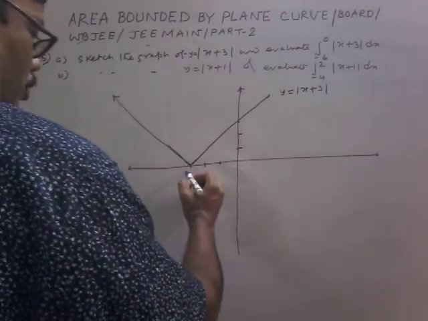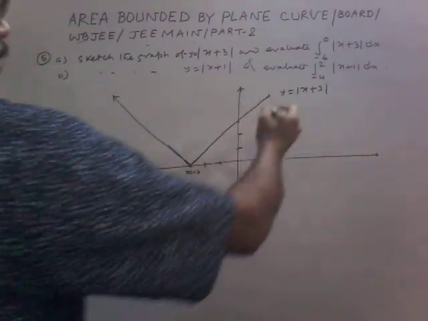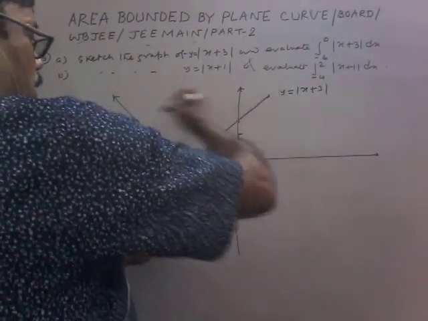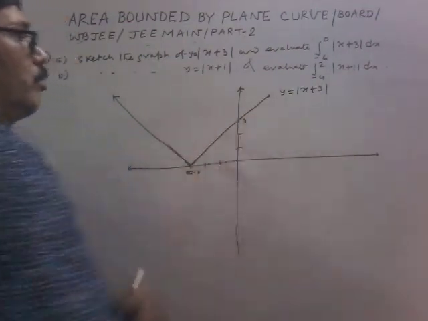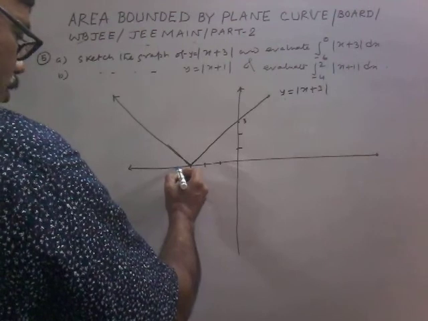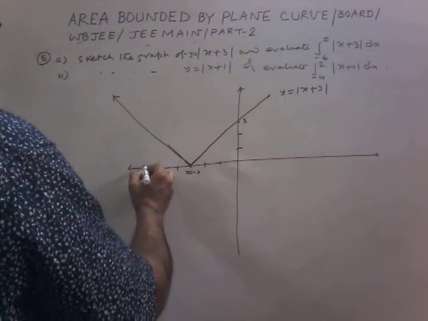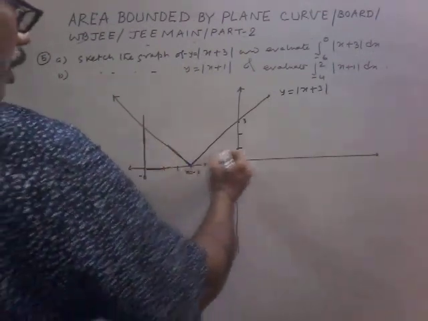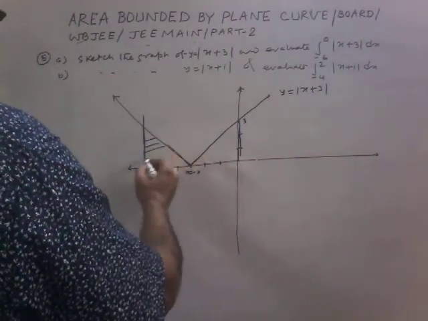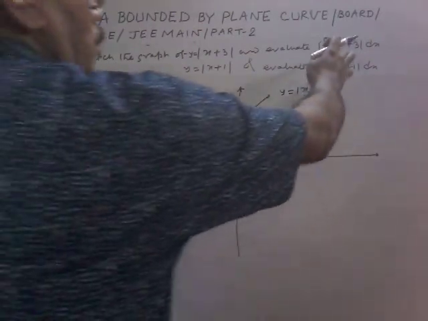At x equals minus 3. So this is the graph of modulus of x plus 3, restriction at x equals minus 3, then you get a V curve. Now you have to evaluate the area from minus 6 to 0.